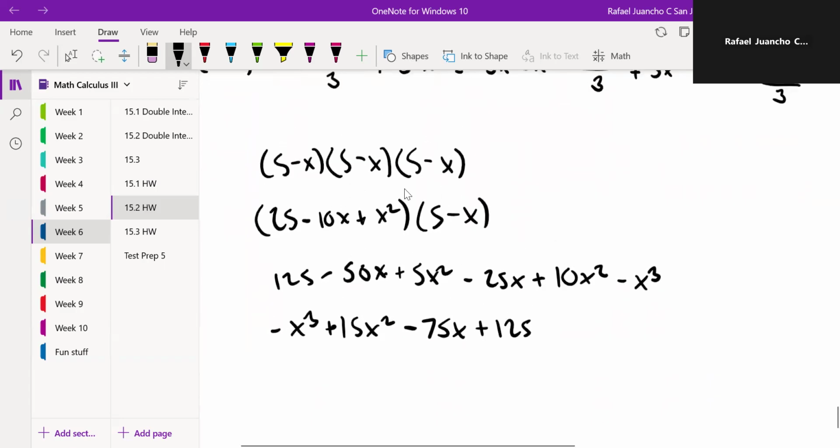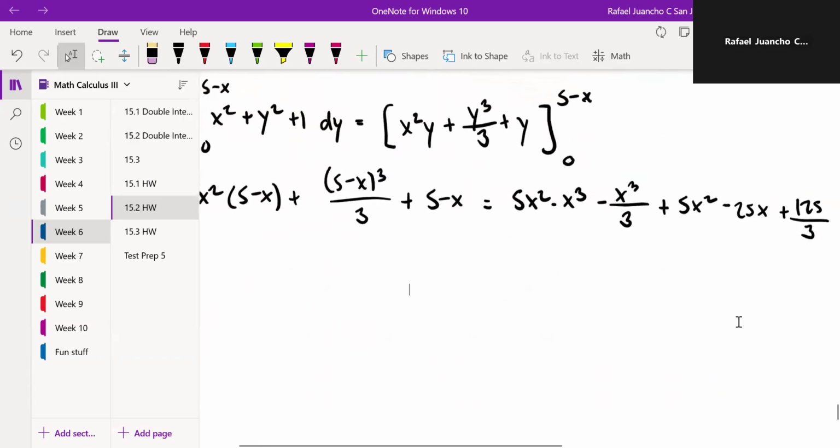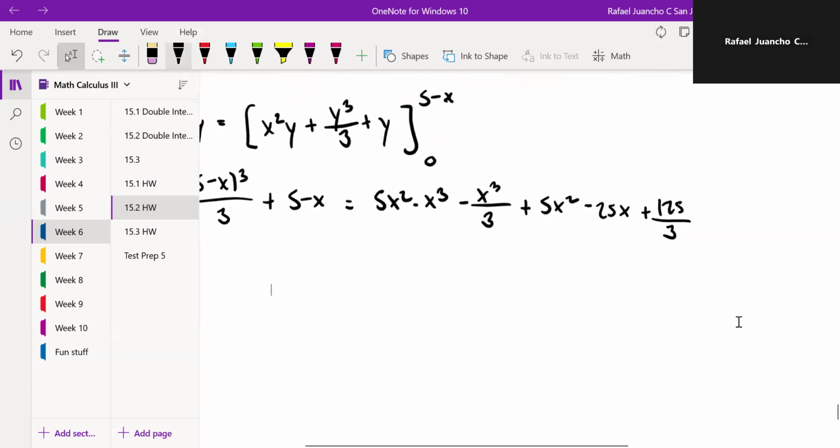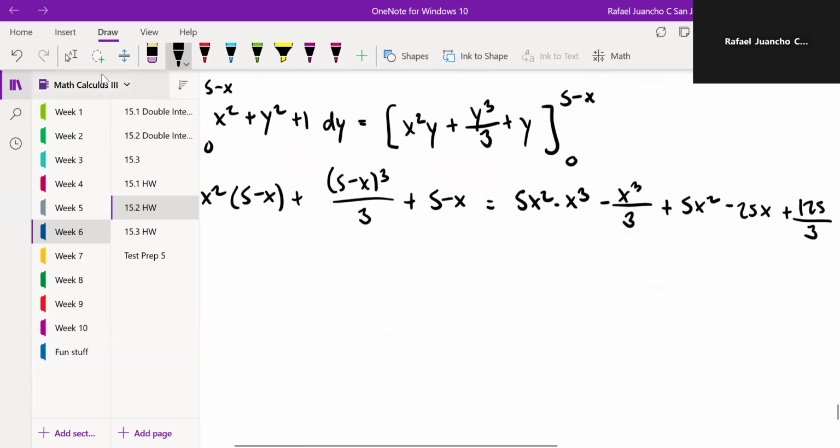So I just get that. Then plus 5 minus x. So this is a long polynomial.